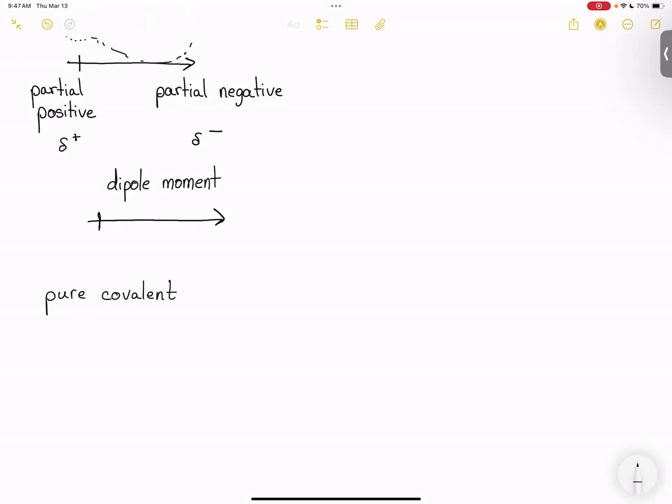What it means is that the change in electronegativity between the two atoms is equal to 0. So in other words, if you take boron and arsenic, they both have an electronegativity of 2. Therefore, those are going to be shared perfectly evenly.